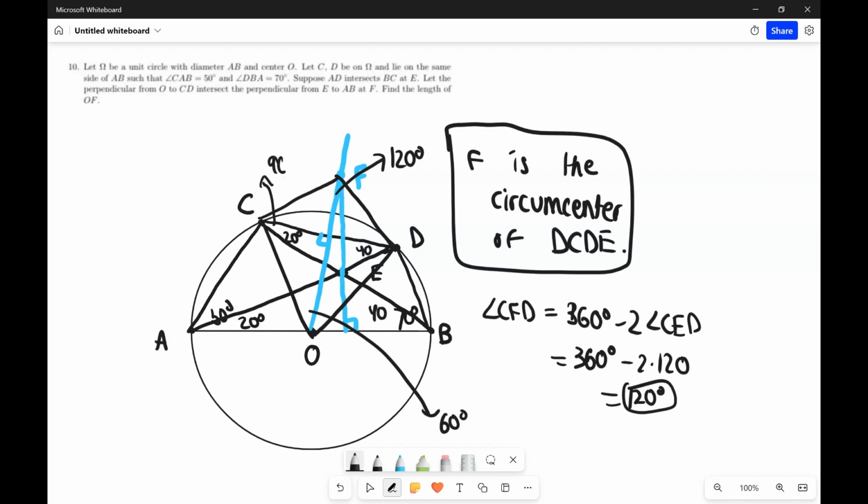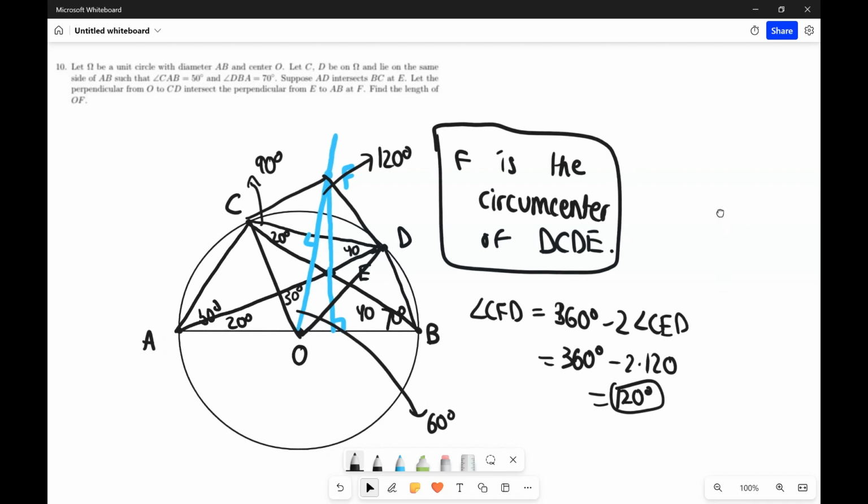And since FO bisects COD, because FO is a perpendicular bisector, this is 30 degrees. So therefore, we have that triangle COF is a 30, 60, 90 triangle.